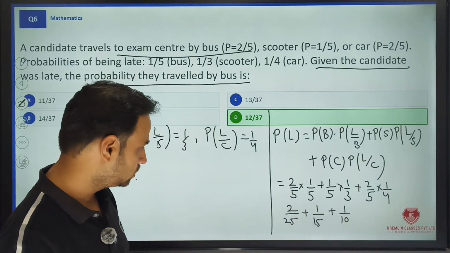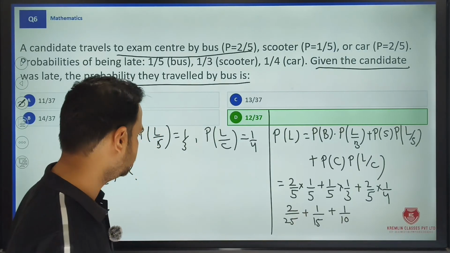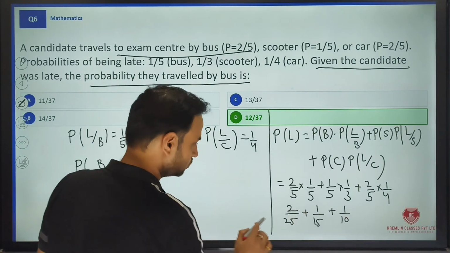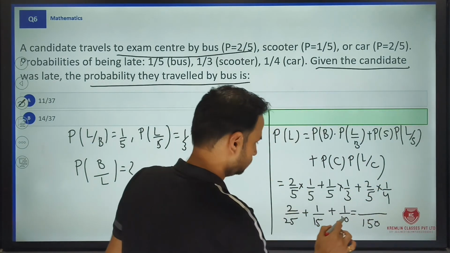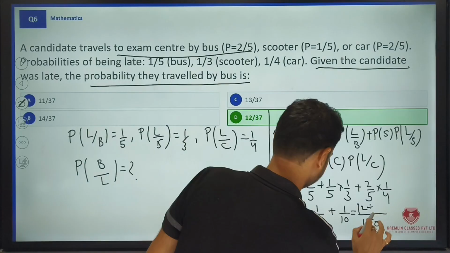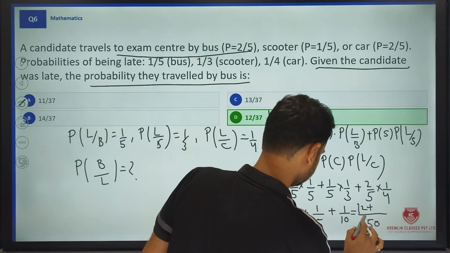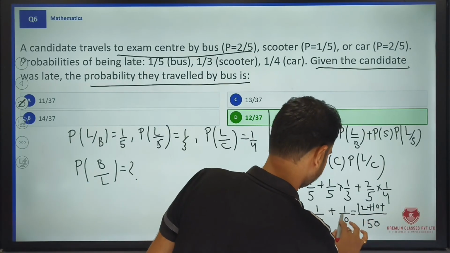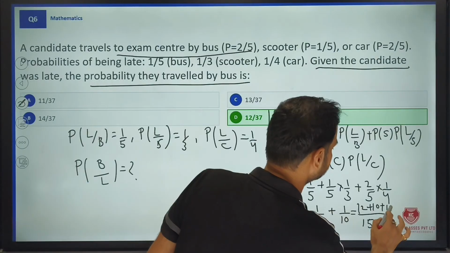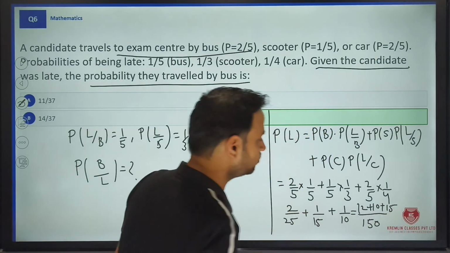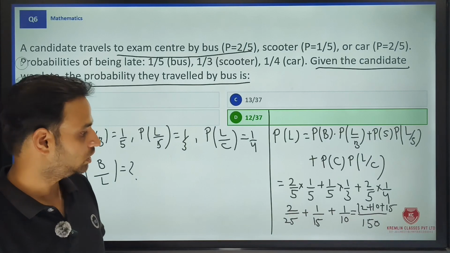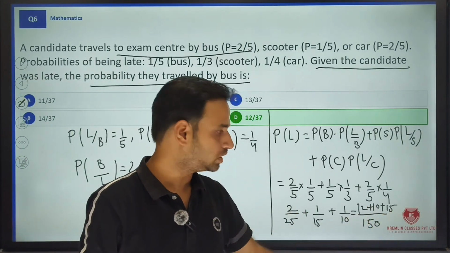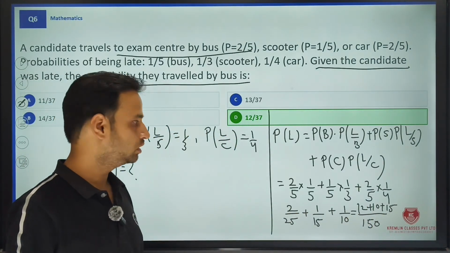The LCM will be 150. So 150, 12 plus 10 plus 15. It will be 37 by 150.